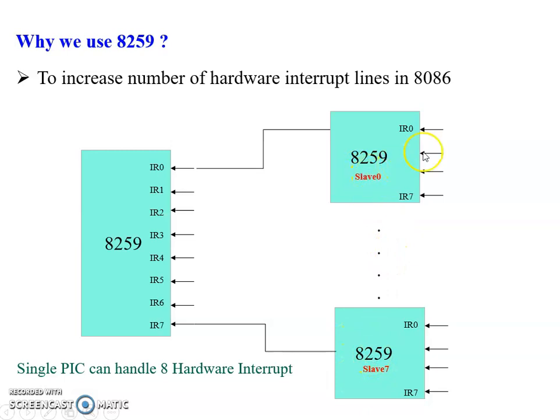One 8259 can manage 8 interrupts. So 8 8259s can manage 8 into 8, 64 interrupts. So suppose an interrupt occurs on this IR0 pin, this slave 0 8259 will request the master 8259, then the master 8259 sends a request to 8086 that an interrupt wants service. So in master slave mode we can manage a total of 64 interrupts.